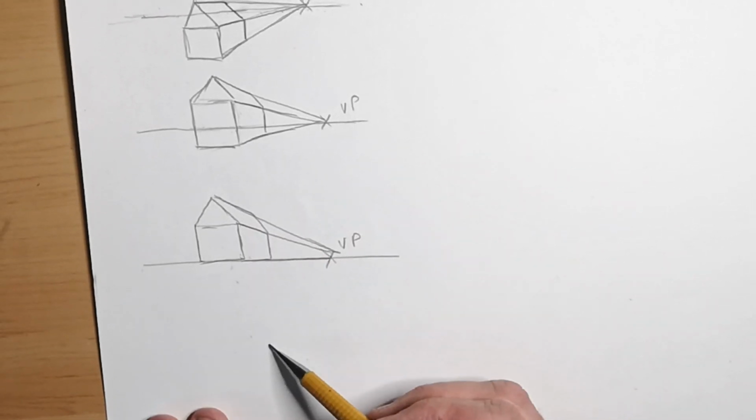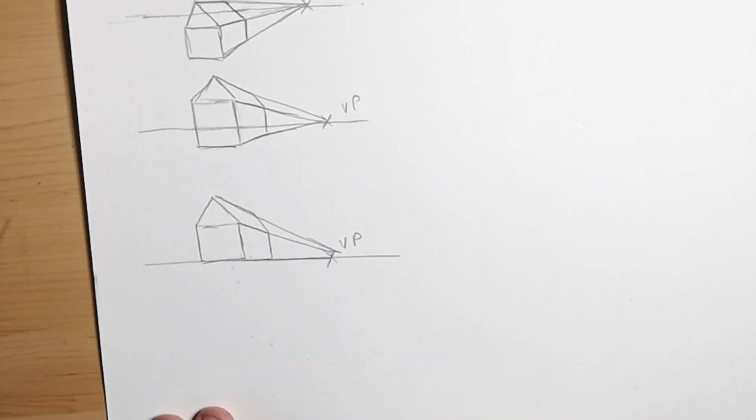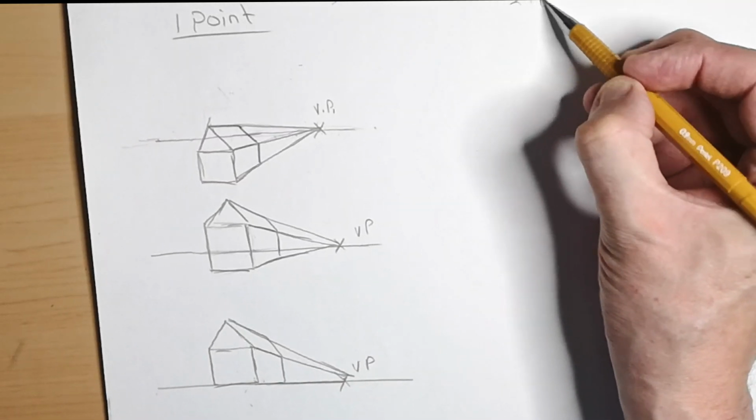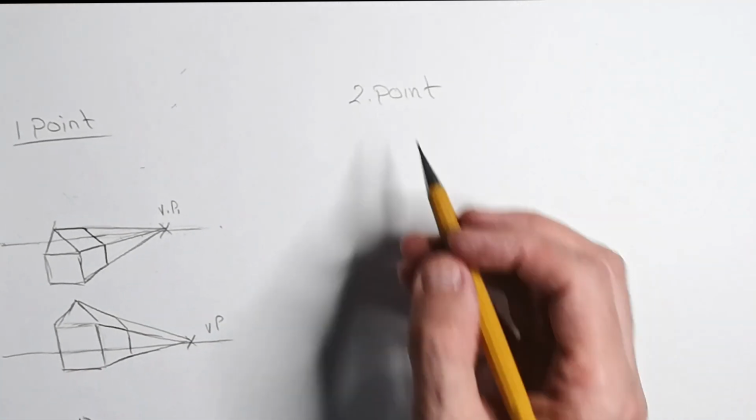So that's 1 point perspective because we only have one vanishing point. Now the next example would be 2 point. Well, there you go, 2 point vanishing, 2 point perspective.